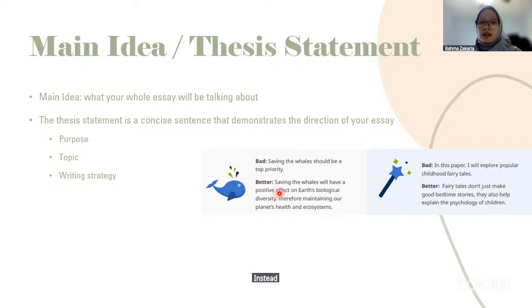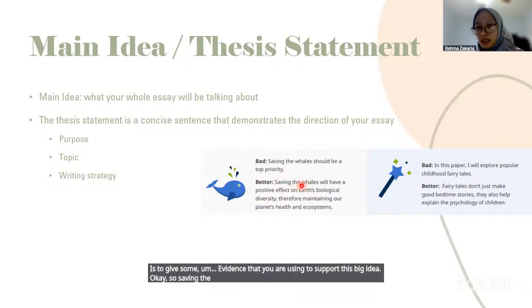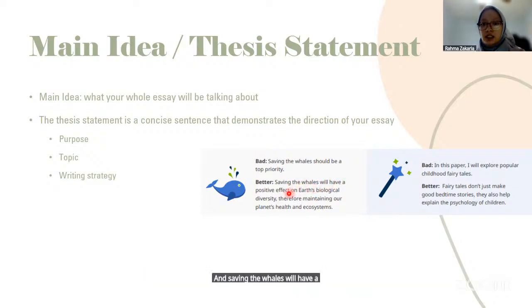Instead, a better way to write your thesis statement is to give some evidence that you are using to support this big idea. Okay, so saving the whales is your big idea, and saving the whales will have a positive effect, which will end up helping us maintain our planet's health and ecosystems.